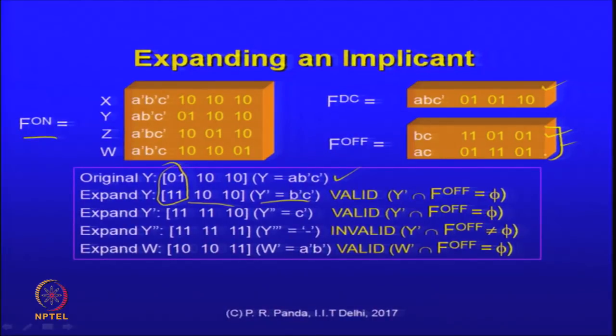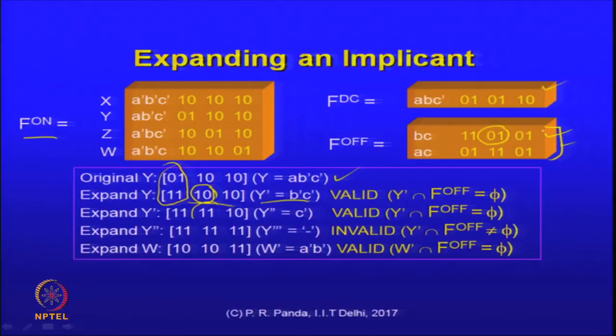And as it turns out, what happens if you intersect this with the offset BC? B prime conflicts with the B, so you have a null in the second position at least. Okay, actually this is B prime and this is BC. So, the intersection with the first cube of the offset leads to a null.